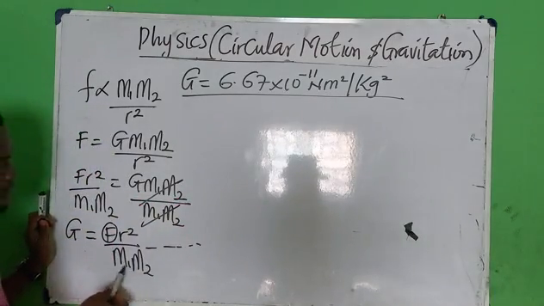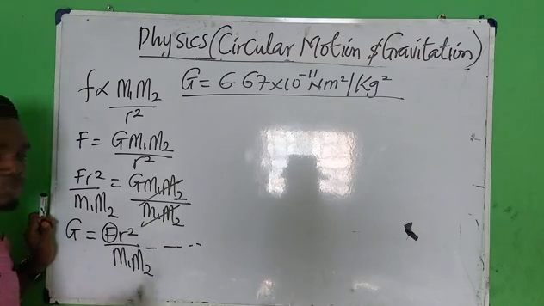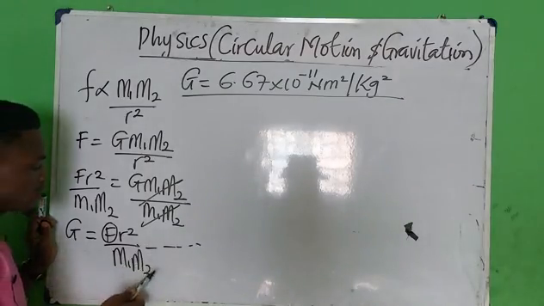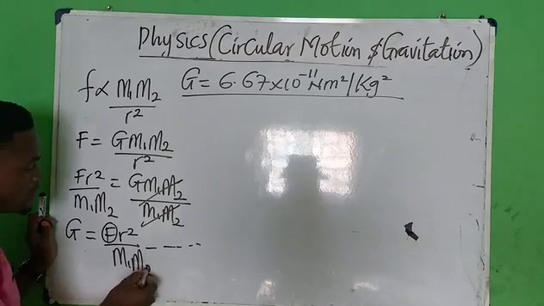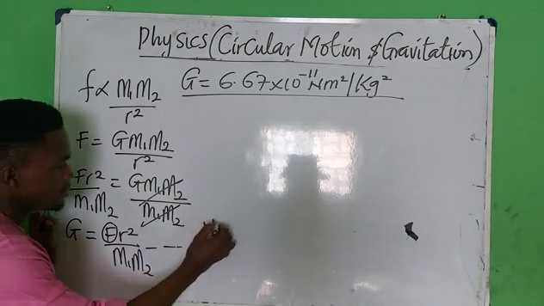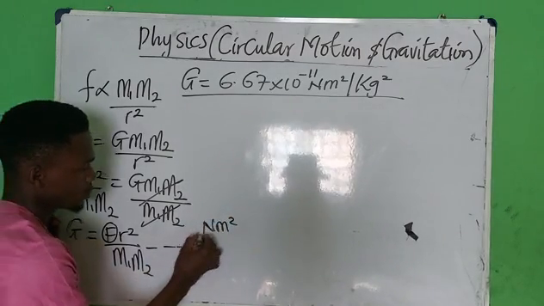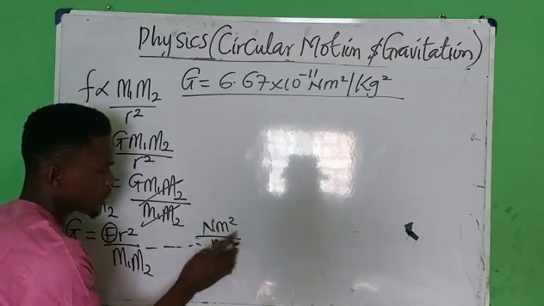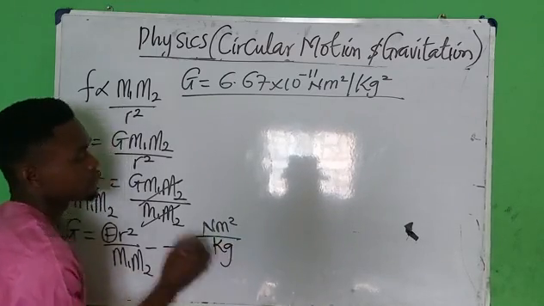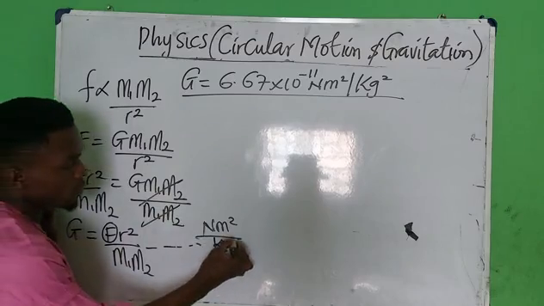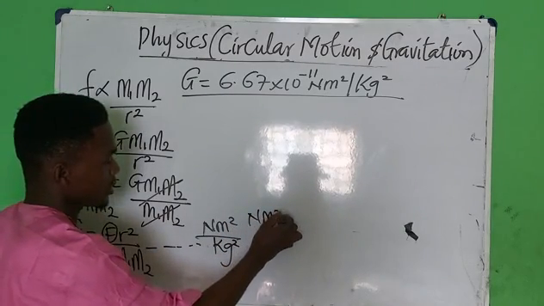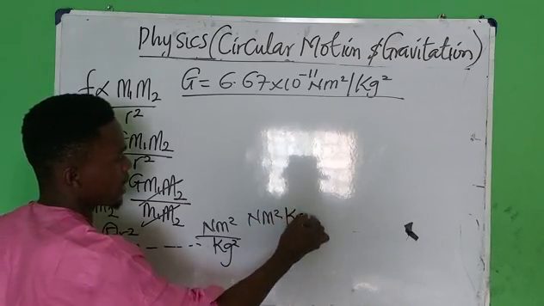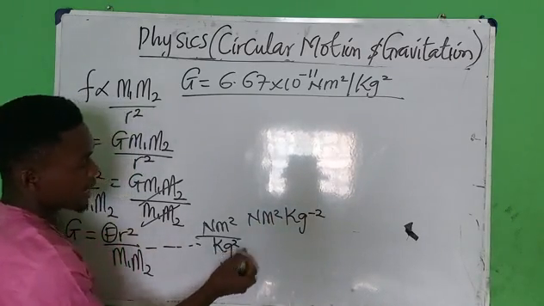Then you have two masses here, m1 times m2, you can also say m times m. That will give you m squared. And you know that the SI unit of mass is kilogram. So I have Newton meter squared over kilogram squared. If this kilogram squared goes up, it becomes Newton meter squared per kilogram, it becomes minus.